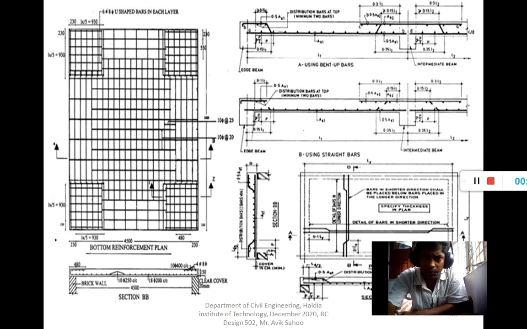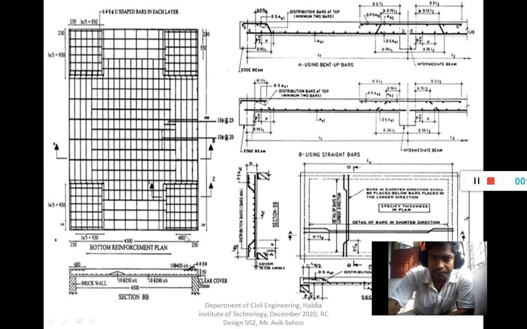Here another sectional view is shown. You see that here the steel is used at top and the steel is curtailed, because here there is no positive moment, so only to make connection with the support, the reinforcement is used.